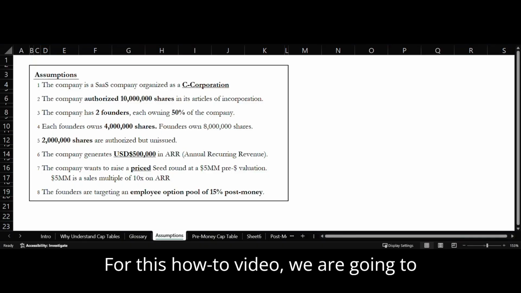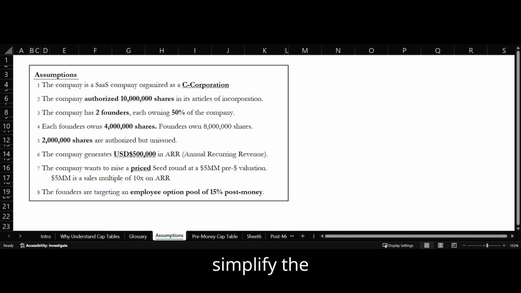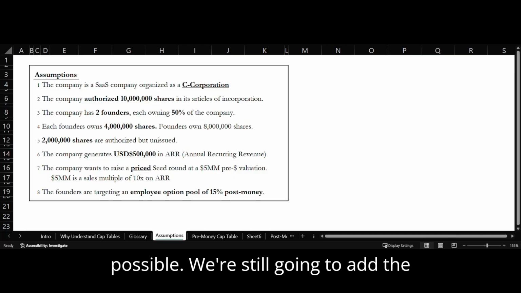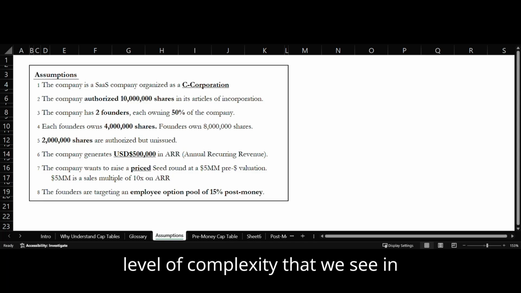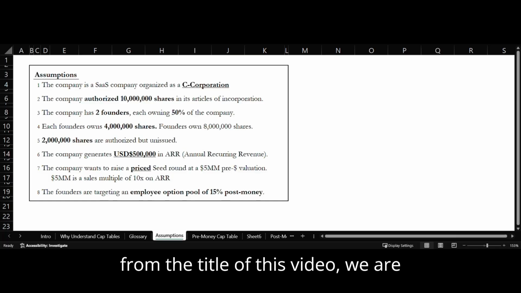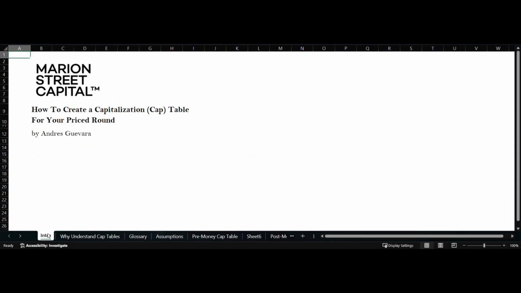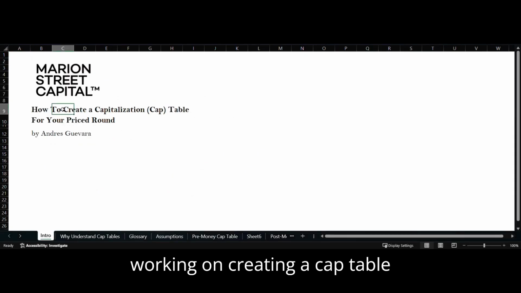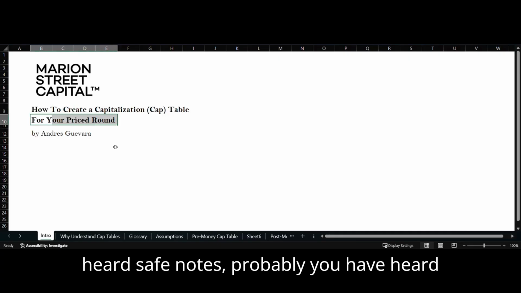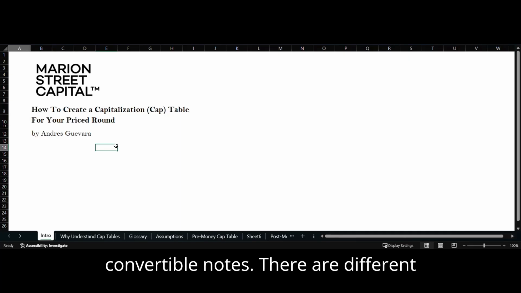For this how-to video, we are going to simplify the creation of the cap table as much as possible. We're still going to add the level of complexity that we see in cap tables. As you can see here from the title of this video, we are working on creating a cap table for a price round. So you have heard safe notes, probably you have heard convertible notes.